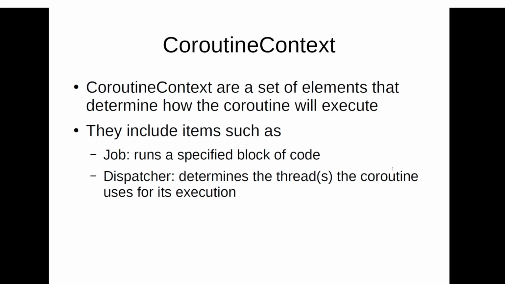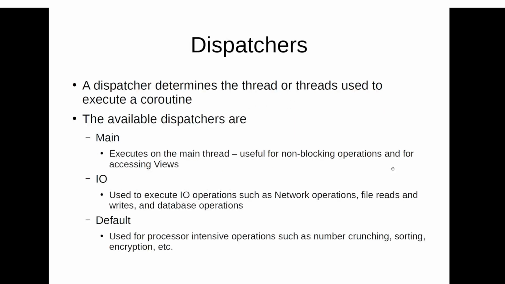A dispatcher can be specified to essentially dictate which thread the coroutine should execute on. And there are three dispatchers. The first is the main dispatcher. This will execute code on the main thread.